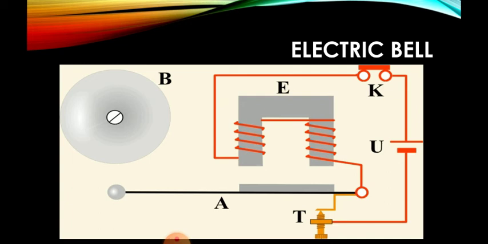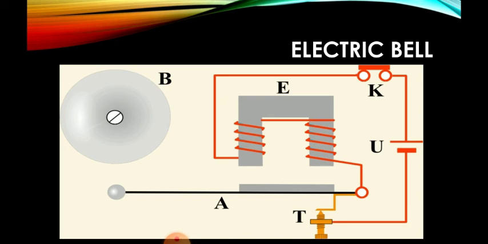So E is the electromagnet, wherein copper wire is wound around that iron piece. It is a U-shaped iron piece, and around it you can see a wire wound, a coil. Since the coil is wound around an iron piece, it is also called an electromagnet.